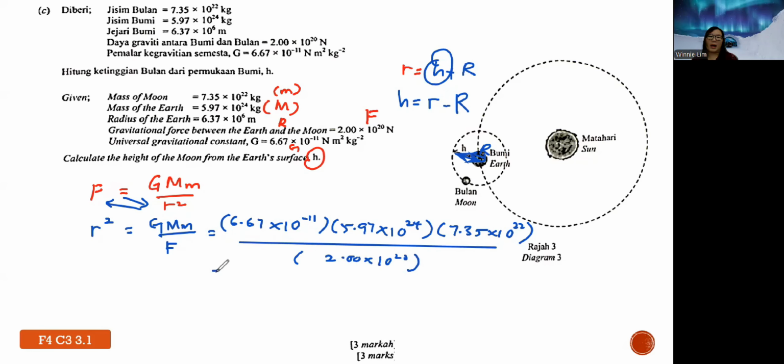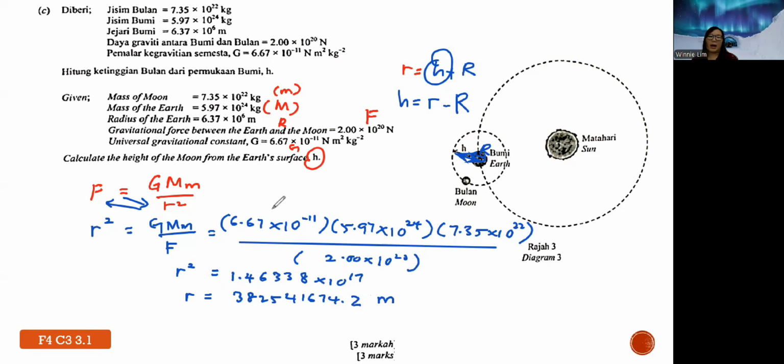You find out what is r square first, slowly. When you get r square, you don't round off too much yet. You can leave it with many decimal points, especially during substitution. Then I square root the whole thing, and I actually get 3825 4167 4.2 meter.